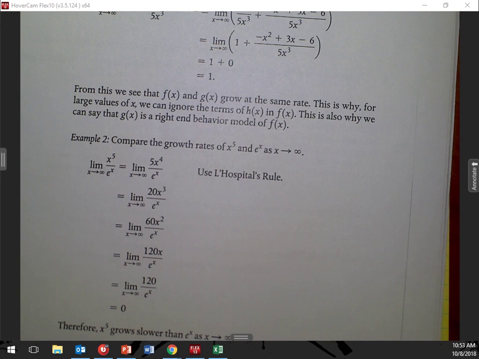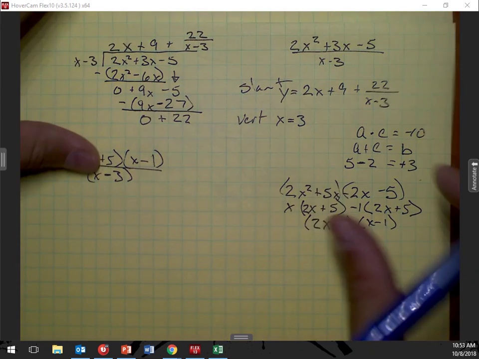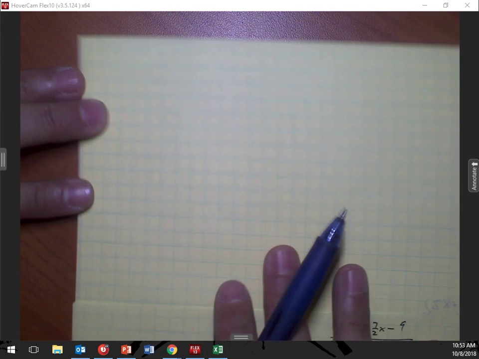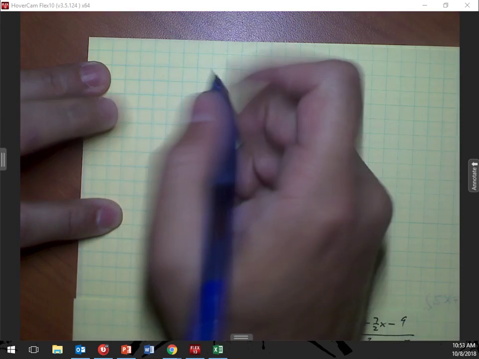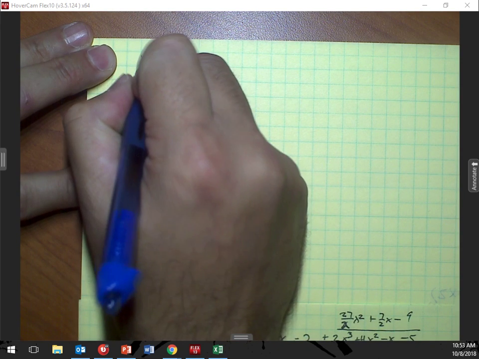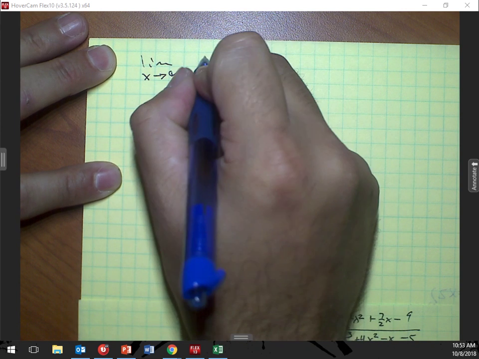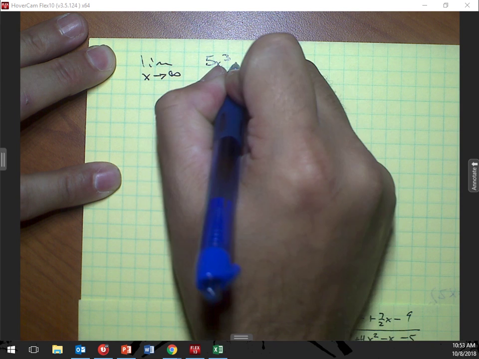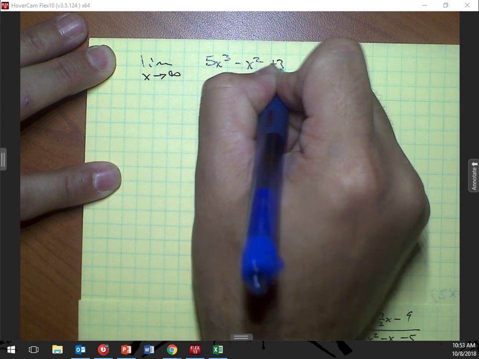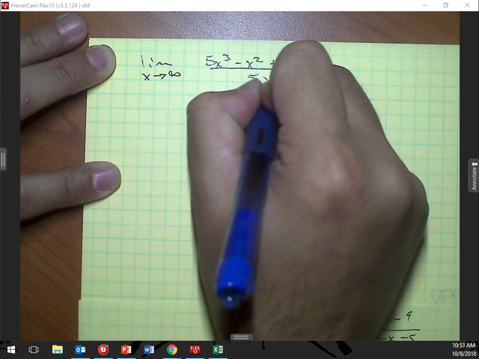All right, so let's take a look at this one right here. I'm going to do the first example on paper. So it says f of x, so it's going to become the limit as x approaches infinity of 5x cubed minus x squared plus 3x minus 6 all over 5x cubed.